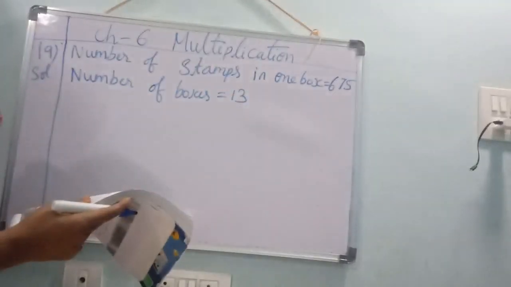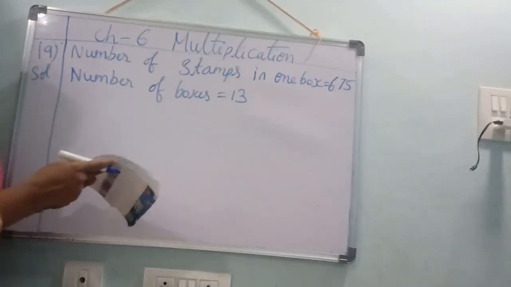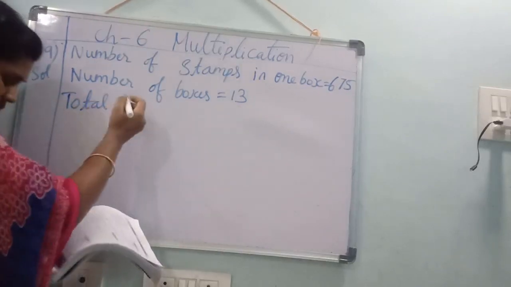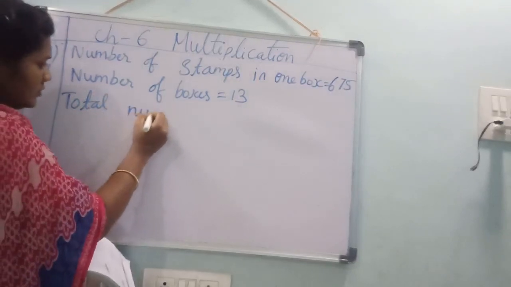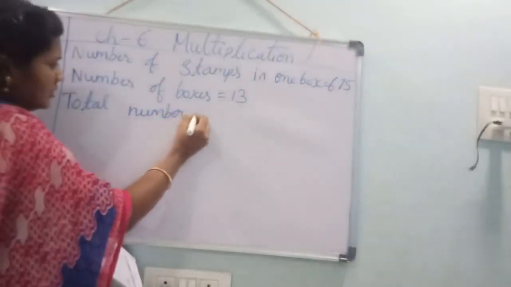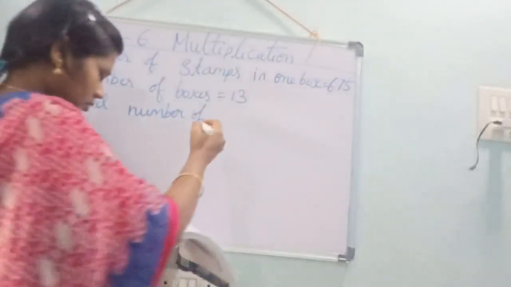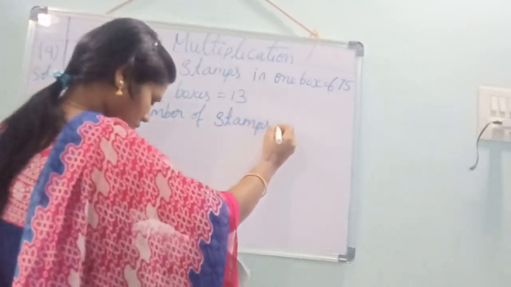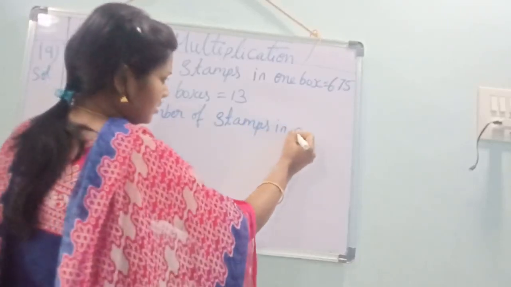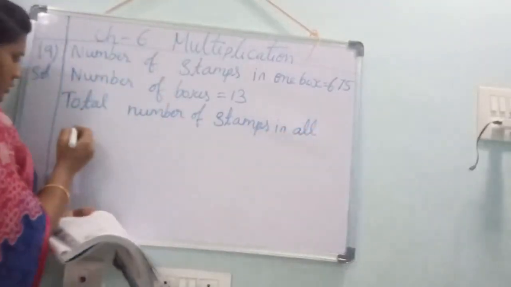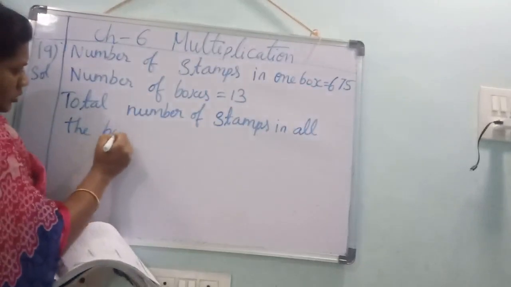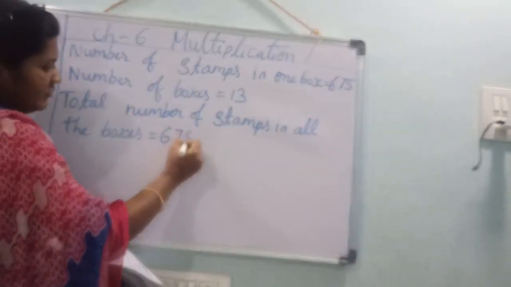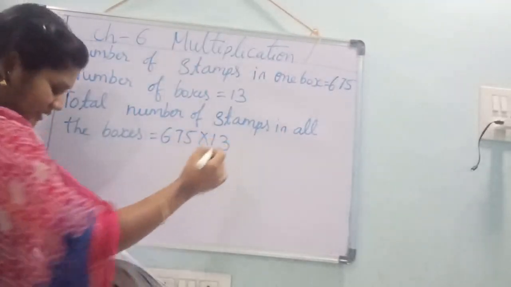The total number of stamps in all the boxes you should find. Total number of stamps in all the boxes is equal to 675 into 13.